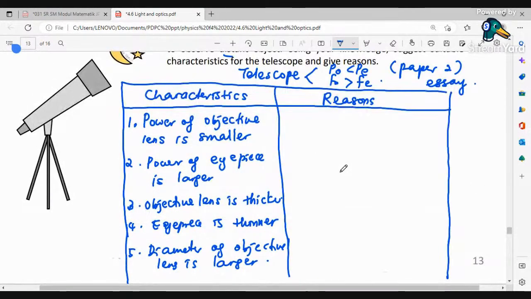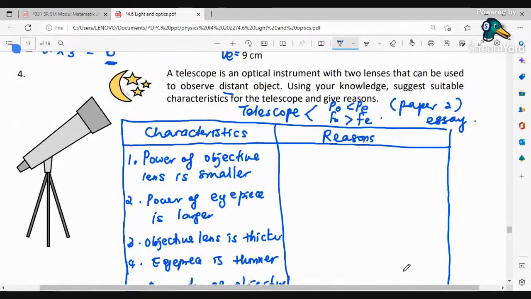Okay, so kita boleh bagi reason di sini. Power of objective lens is smaller. So, focal length is longer. Power of eyepiece larger. Focal length is shorter.